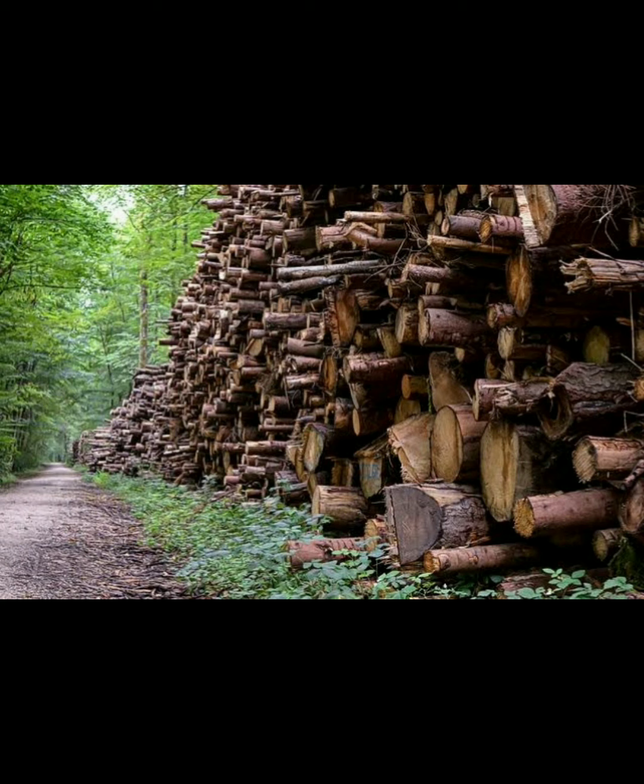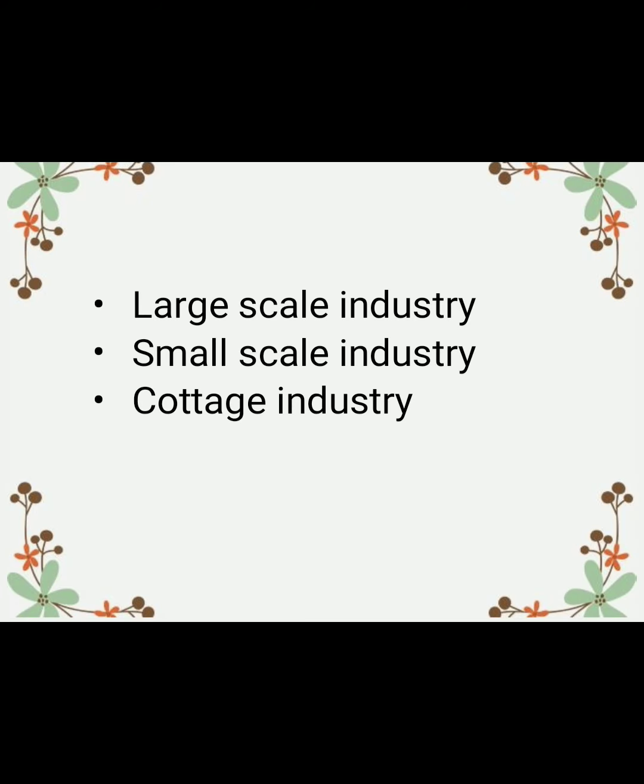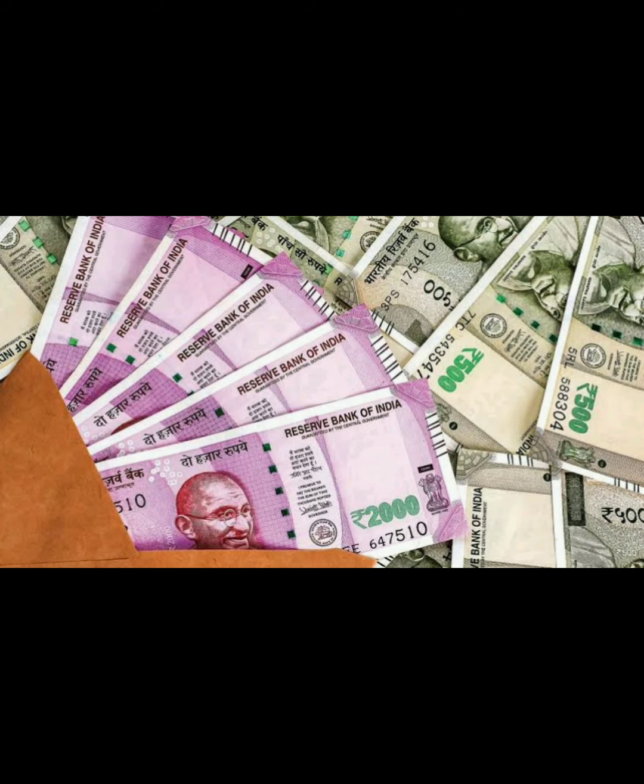Now, on the basis of size, they are of three categories. They are large-scale industry, small-scale industry, and cottage industry. So let us look into in detail. The first is features. So the first thing is setup cost or expenditure.